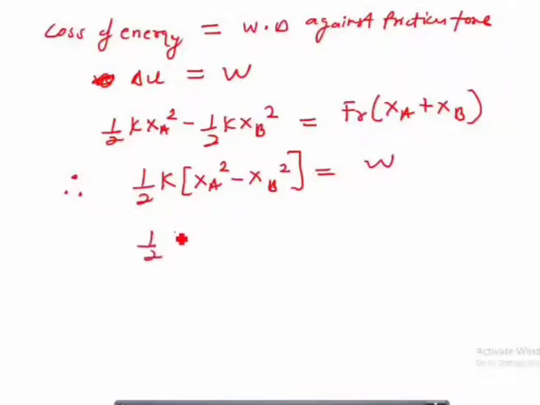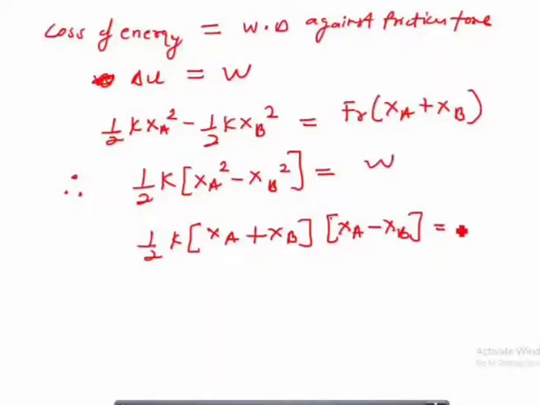So I am getting 1/2 K into (XA plus XB) into (XA minus XB) is equal to W, that is Fr into (XA plus XB).